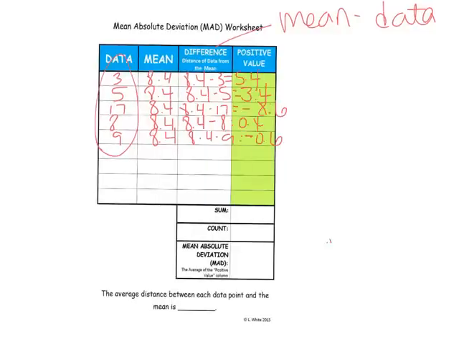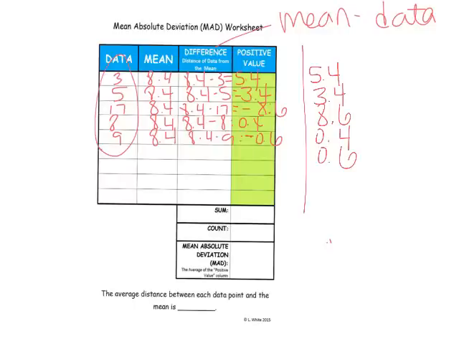All right, so I went ahead and subtracted them here for you. You're going to have all of that written in the difference column, and I'm going to add on another column here. You'll take the absolute value. Just make them all positive. So 5.4, 3.4, positive 8.6, 0.4, and positive 0.6. So how far away is it from the mean?